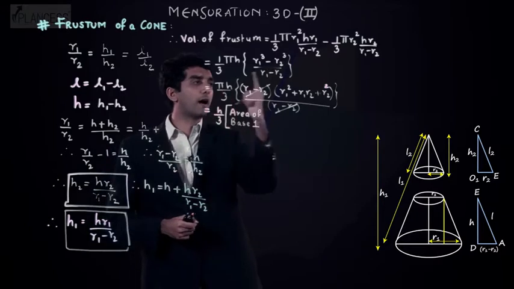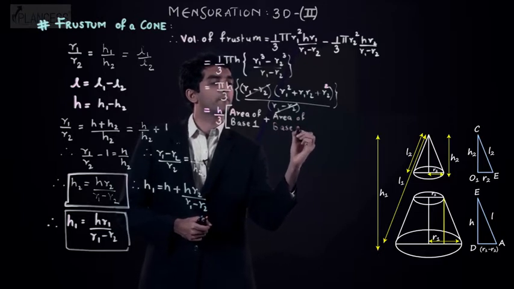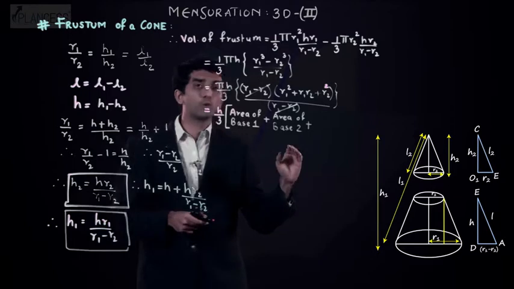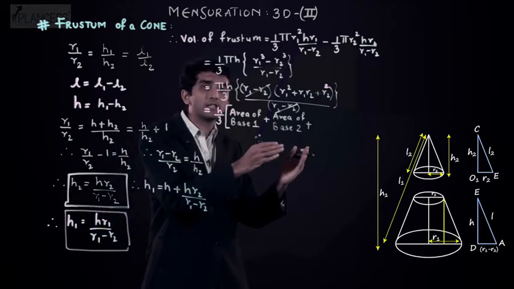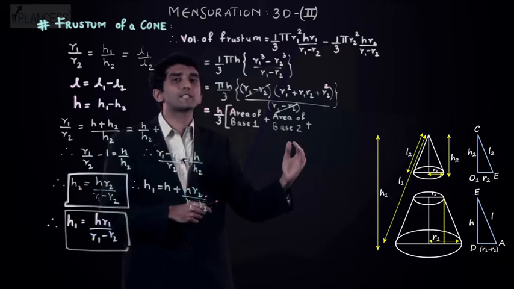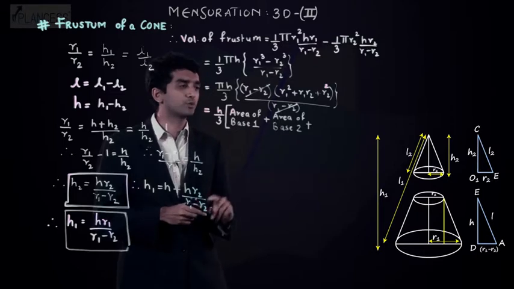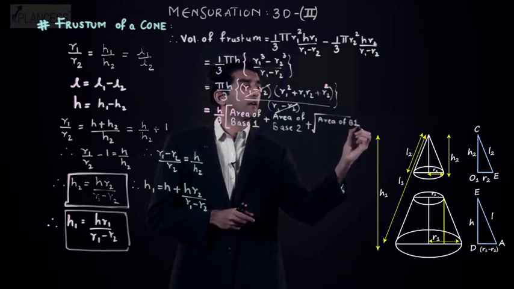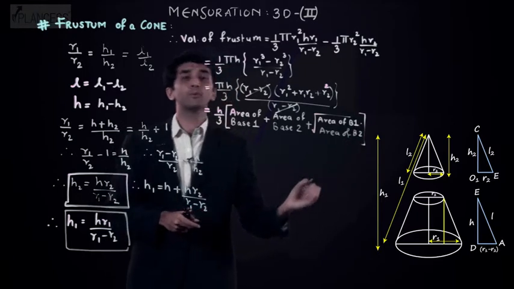Then we have pi r2 square, which is area of base 2, and then we have pi r1 r2, which can be written as root of pi square r1 square r2 square, which can be further written as root of pi r1 square into pi r2 square, and hence this can be further written as root of area of base 1 into area of base 2. So this is how the volume of a frustum can be written.